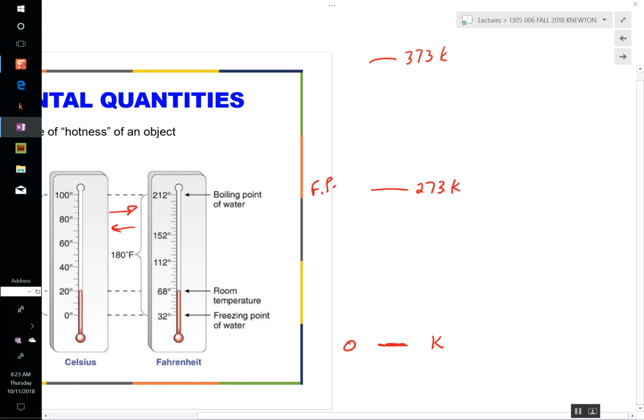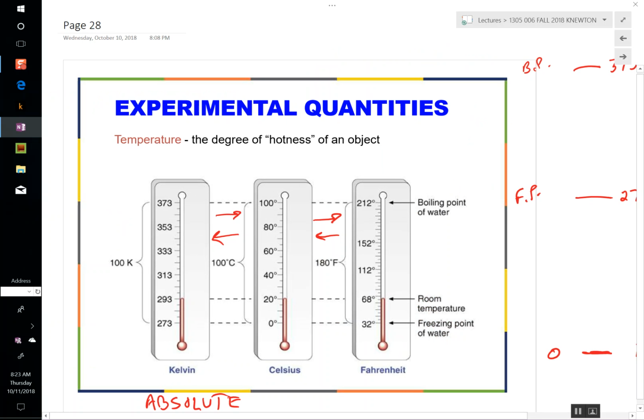273 Kelvin, 373 Kelvin. So what you can see right there is from the freezing point to the boiling point of water is 100 K. And there are 100 degrees C between the freezing point and the boiling point of water, right? We saw that already. There's 100 C from freezing point to boiling point.